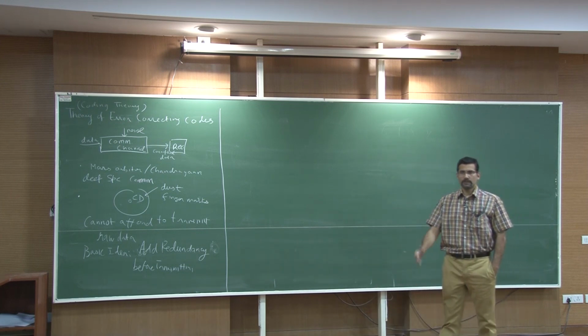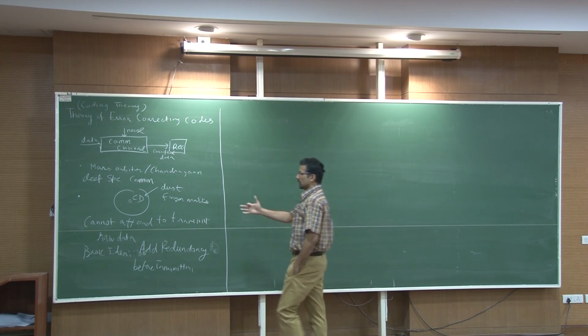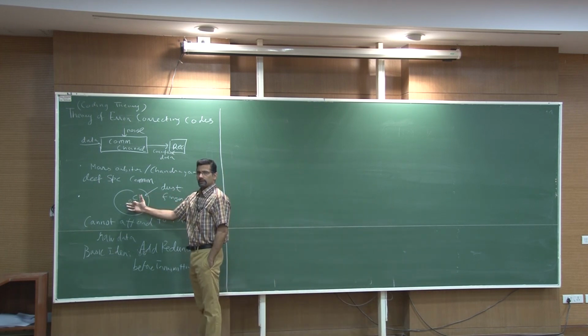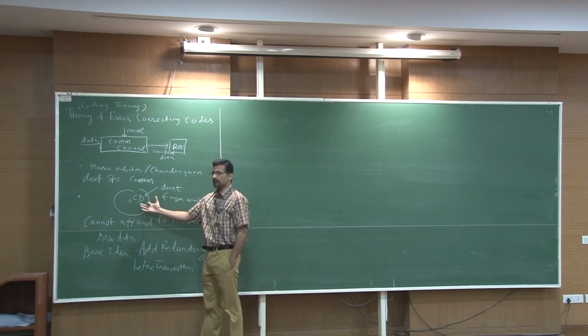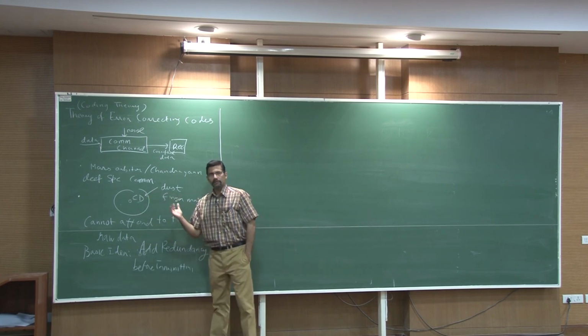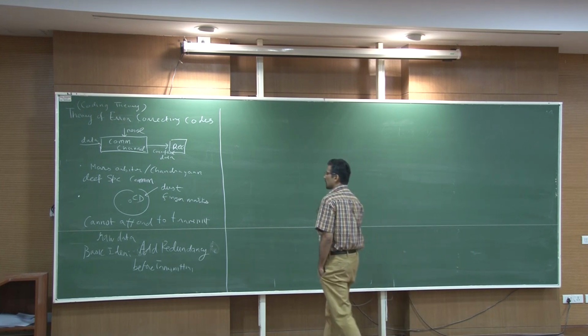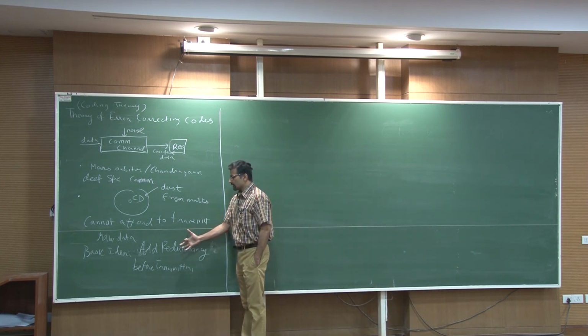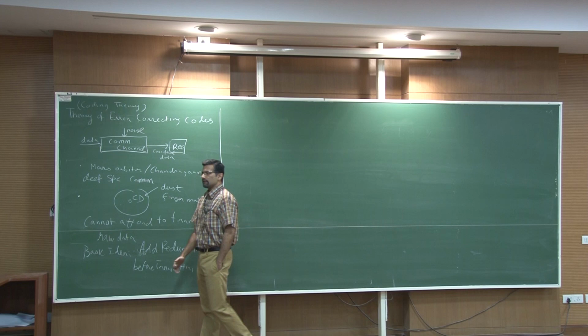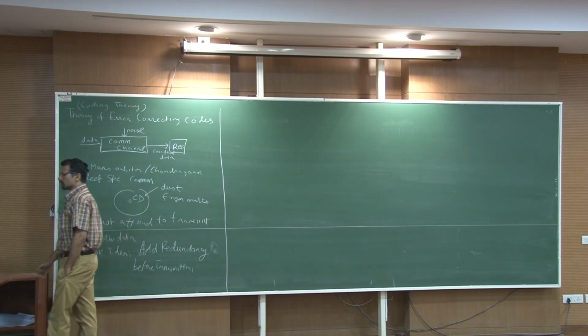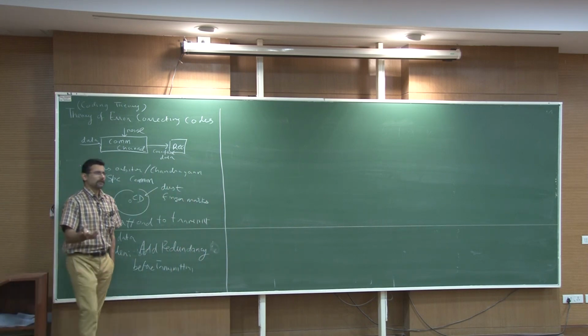In this setup, the transmission needs to be fast. So this whole theory is about how to use redundancy in order to achieve error correction. For example, you may have seen the ISBN code.